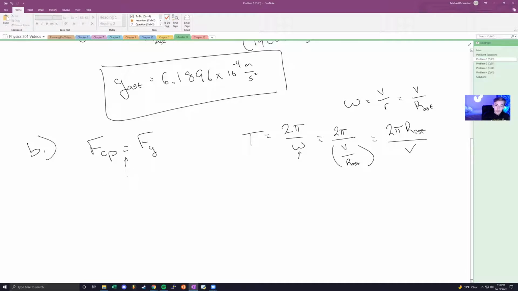Our force of gravity is going to be mg, where now we're not going to be dealing with 9.81. It's going to be the g that we solved for in part A. So we get that it's going to be mv squared over the r of our asteroid, and that's going to be equal to mg. Right now, we're just considering on the surface of the asteroid some object with some mg.